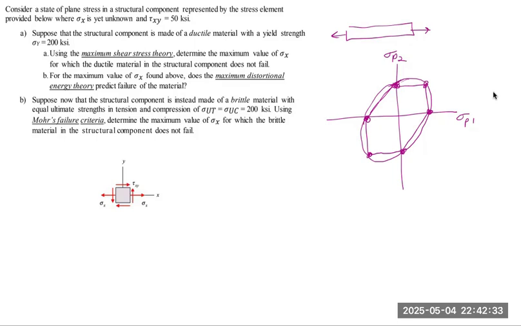So the values at each of these points are yield stress, yield stress, indicating that the yield stress predicted by both theories are the same. Over here we have 0 and then yield stress.